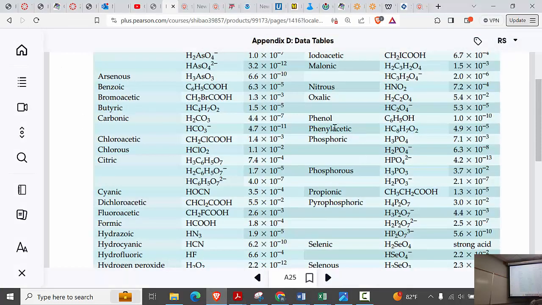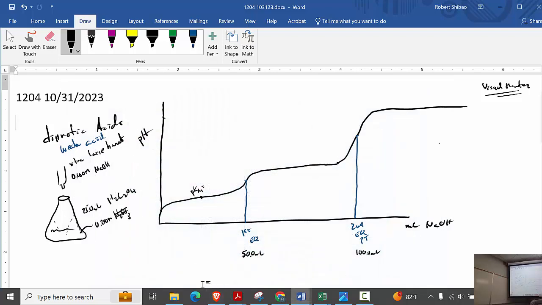Oxalic acid has a K1 of 5.4 times 10 to the minus 2. And so we'll just take the negative log of that. Negative log base 10 of 5.4 times 10 to the minus 2 is 1.267.